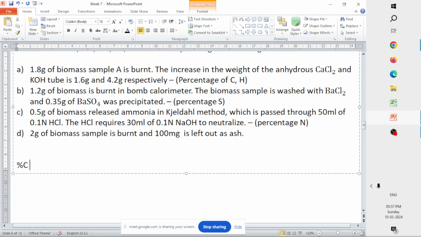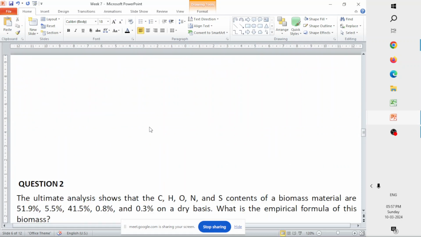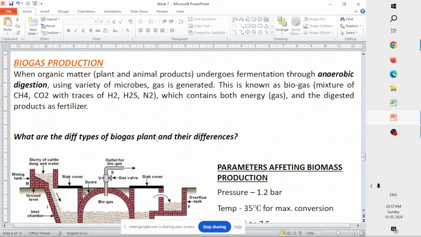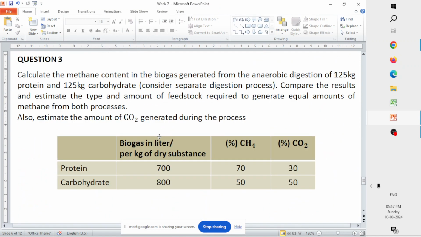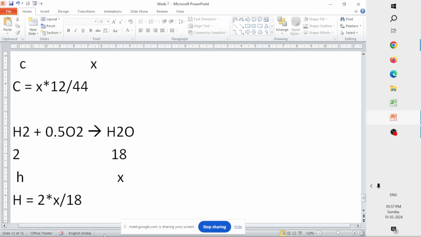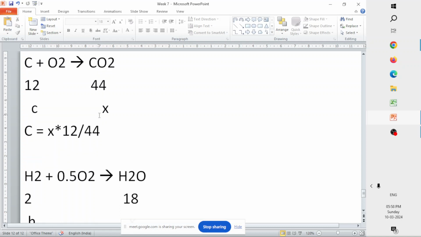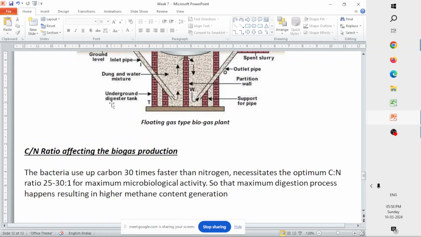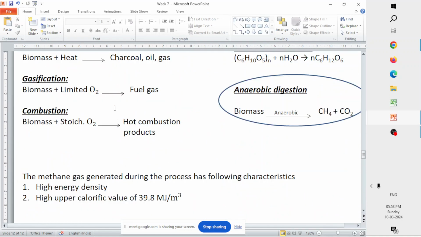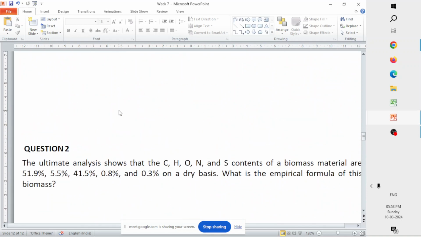If you remember the last slide, this is how you calculate the carbon present in the carbon dioxide, which is increasing the weight of the KOH tube: x into 12 by 44. So here your x is nothing but 4.2 grams.